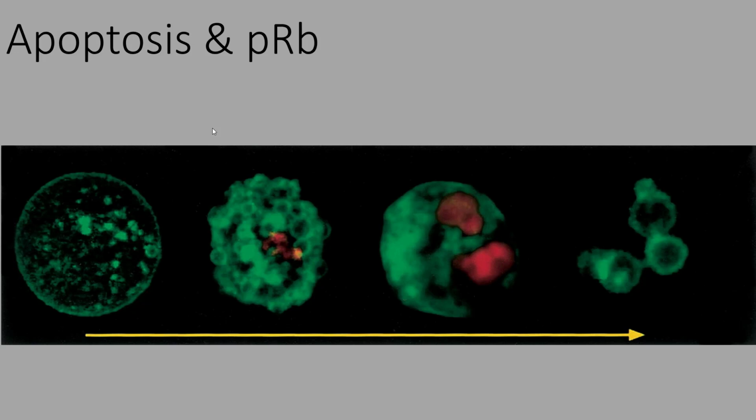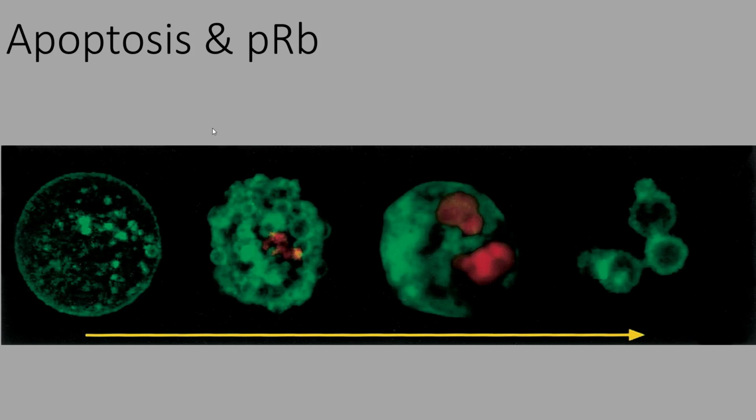The last topic that we will talk about is apoptosis. Sometimes it's referred to generically as cell suicide, but a more appropriate name for it is programmed cell death. It got the term cell suicide because something happens inside the cell that causes the cell to destroy itself.